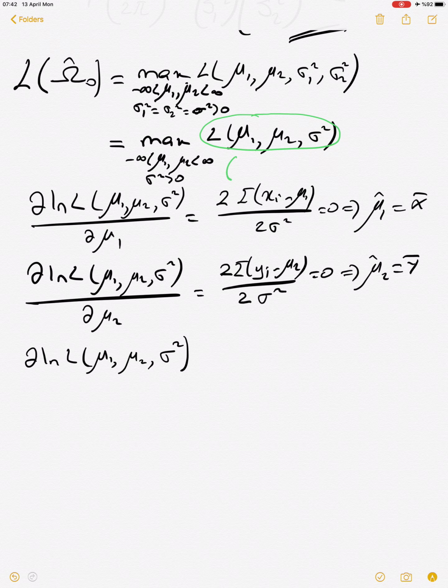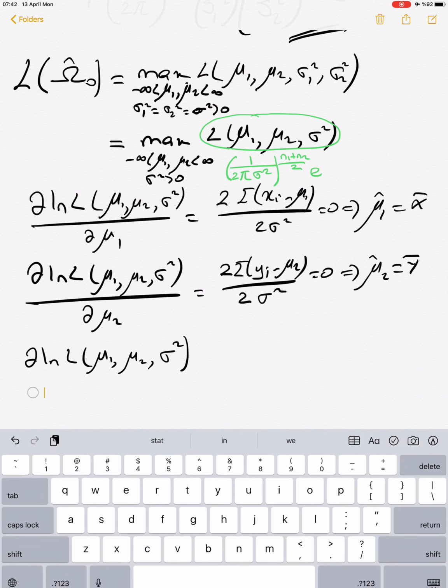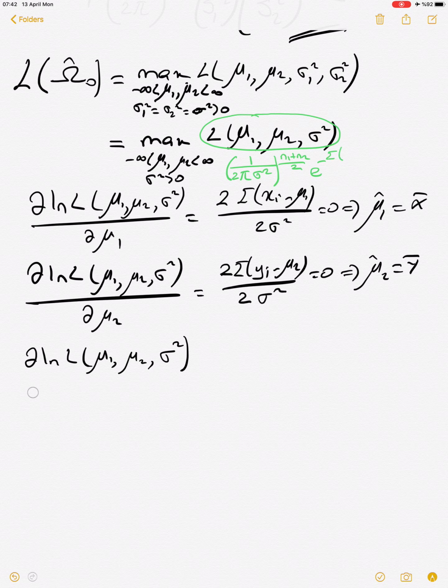We will have 1 over 2 pi sigma square to the power n1 plus n2 over 2 and e to the minus summation xi minus mu1 square plus summation yi minus mu2 square over 2 sigma square.